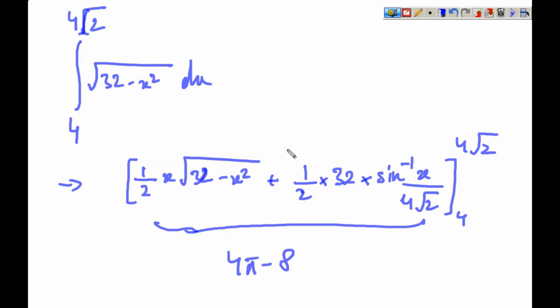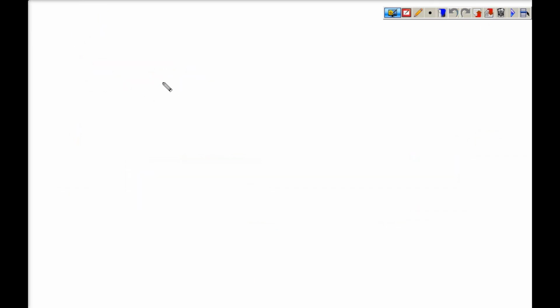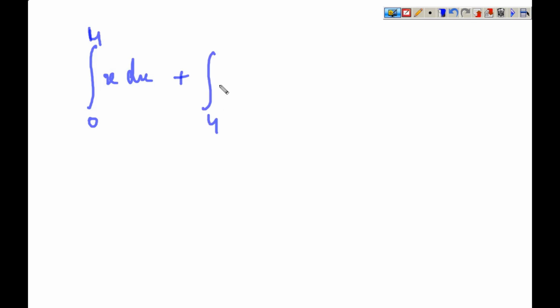But we have the area of the triangle plus this, so we have to add those two, and that gives us the area of the required part. So let me write it again. We had the integral from 0 to 4 of x dx, plus the integral from 4 to 4 under root 2 of square root of 32 minus x square dx.